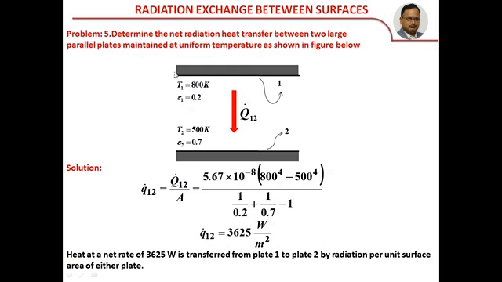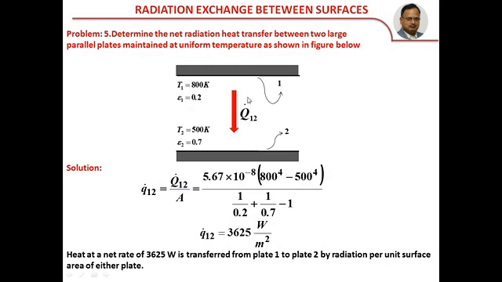Two large parallel plates. So therefore, the amount of energy leaving one has to fall on body 2. So in between 1 and 2, there exists a shape resistance. So altogether, 3 resistances. First one is (1 minus epsilon 1) by epsilon 1 A1. The second one is 1 by A1 F12. And the third one is (1 minus epsilon 2) by epsilon 2 A2. F12 equal to 1 because they are two large parallel plates.